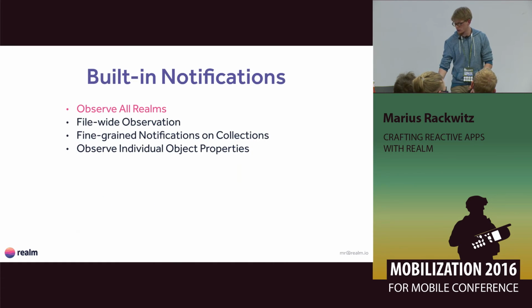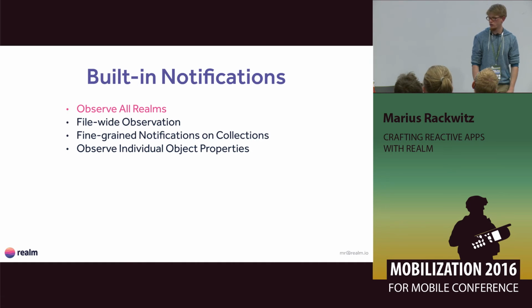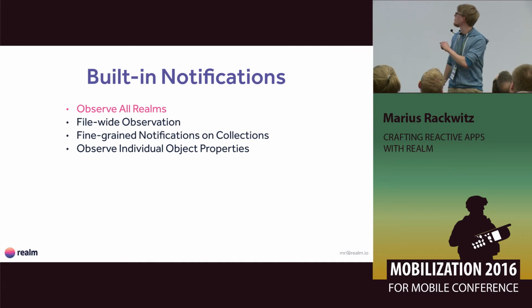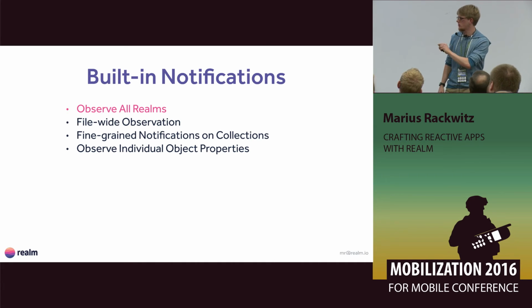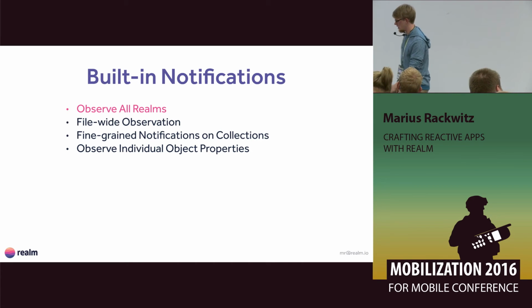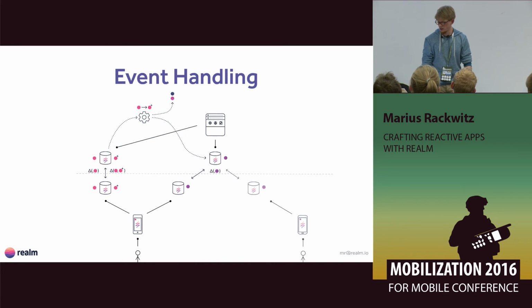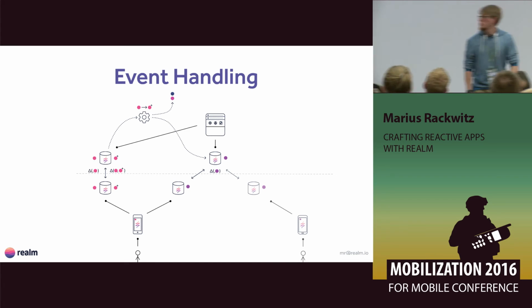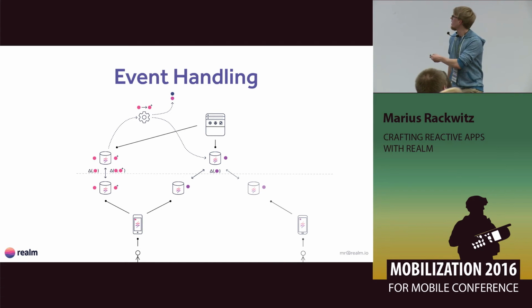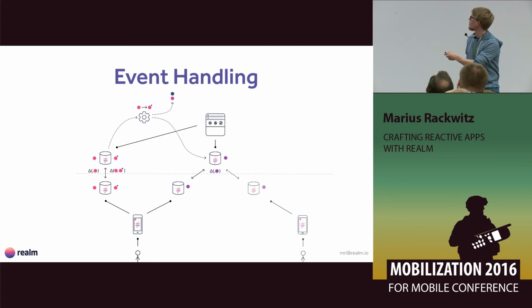So we can now extend our list of the built-in notifications by having a possibility on the server side for observing all realms. And let's dig a bit into how this works. And this is now getting a bit more complicated. So say we have created this coupon object on the client side. Then it will be part of the realm on the client side.